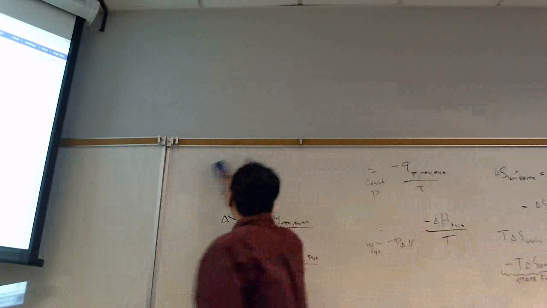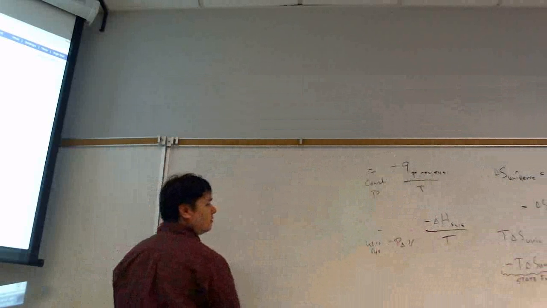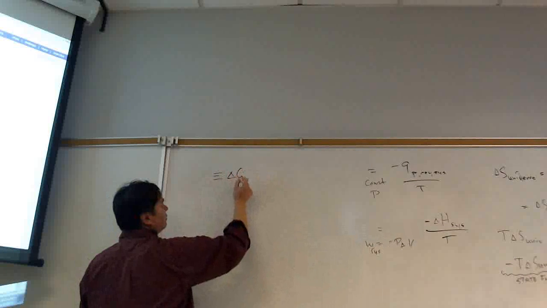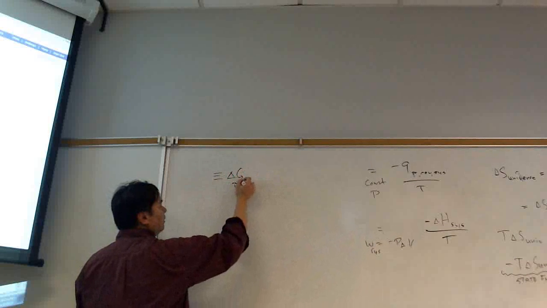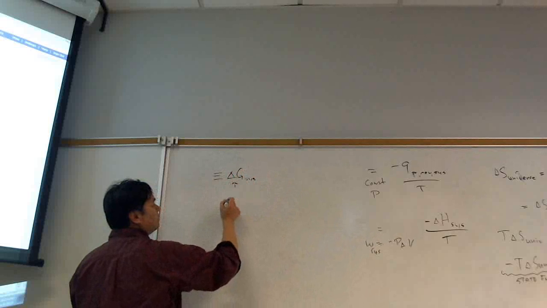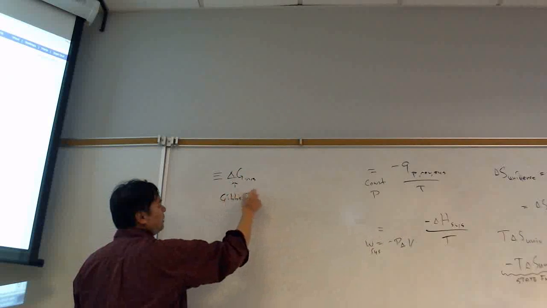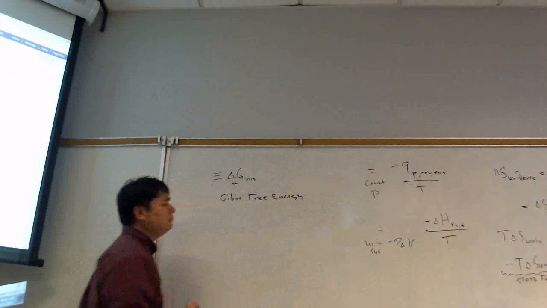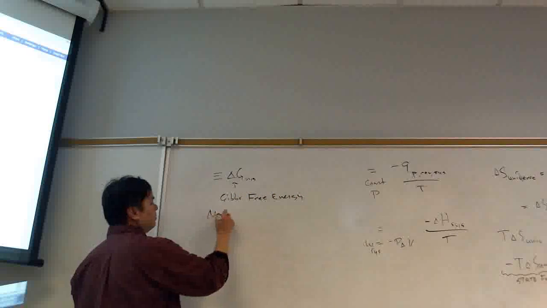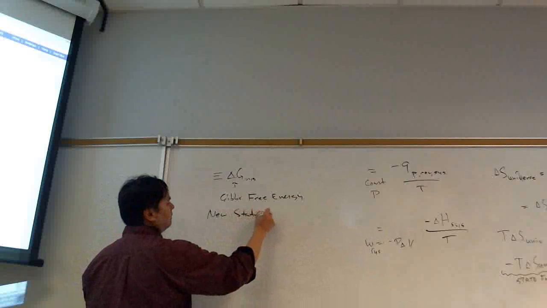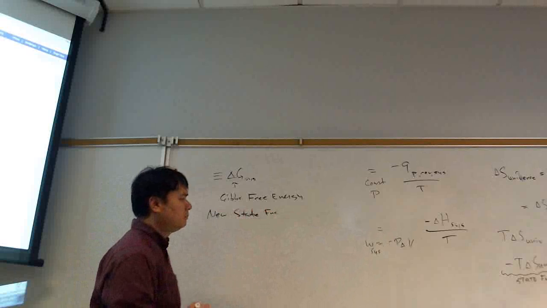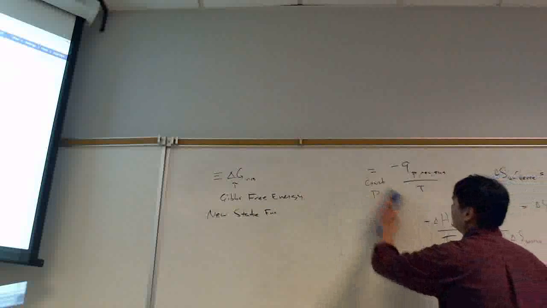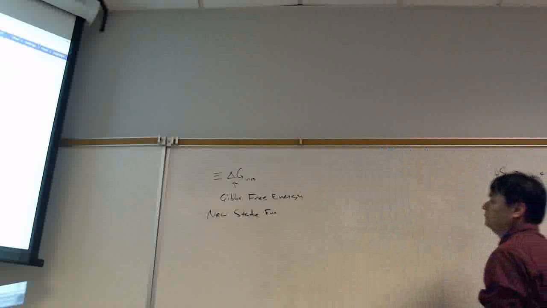And so that state function, minus T delta S, is going to be our definition of delta G. We could call it delta G of the system. This is called the Gibbs free energy. That's a new state function, named after Gibbs, the physicist, of thermodynamics.